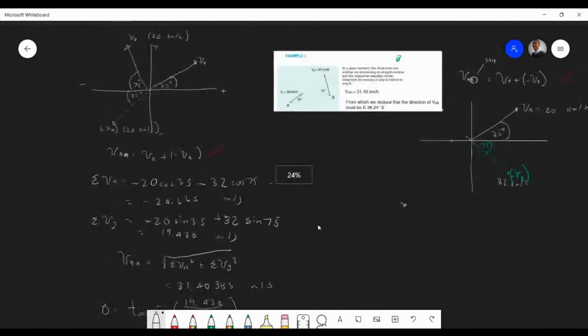Yes. Since the VA, the minus VA, is now at, which quadrant is that? The negative side, right? The third quadrant here. But I'm confused now with the directions.